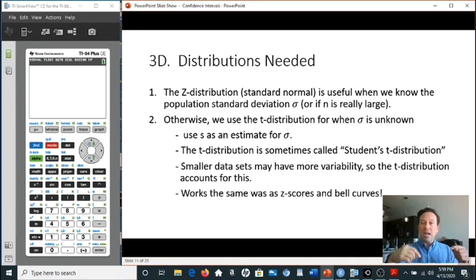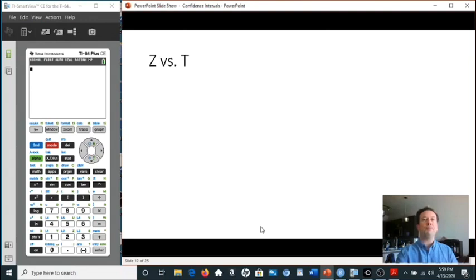But as your data set size increases, the width will go back to what a z-distribution looks like. With t-distribution and t-scores, you're going to notice that they really work the same way as z-scores and bell curves. So just to compare z and t a little more, remember for x values, the z-score was x minus mu over sigma.